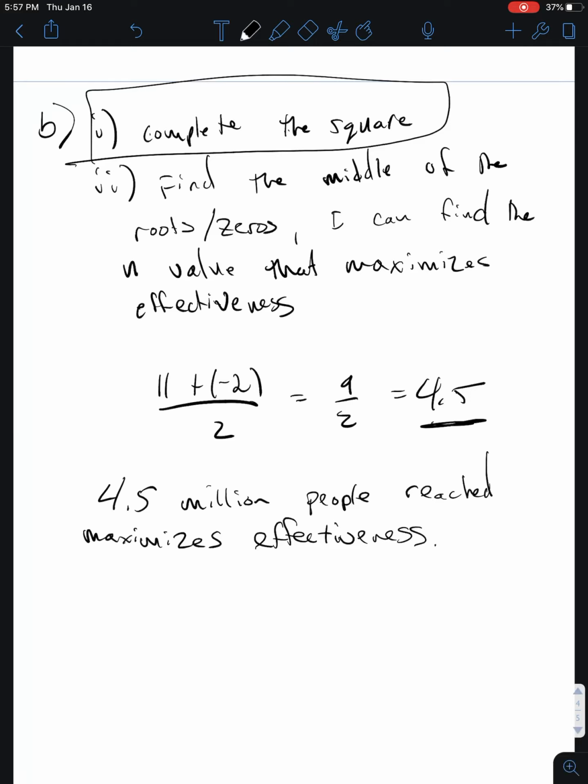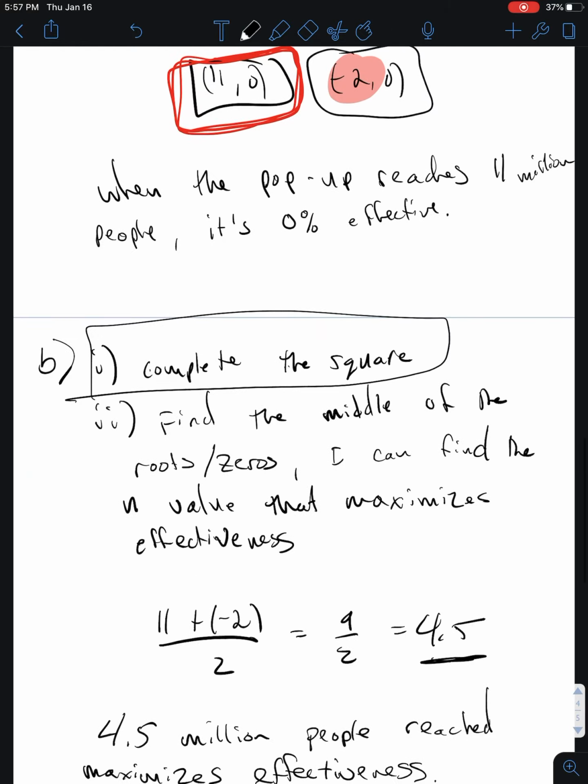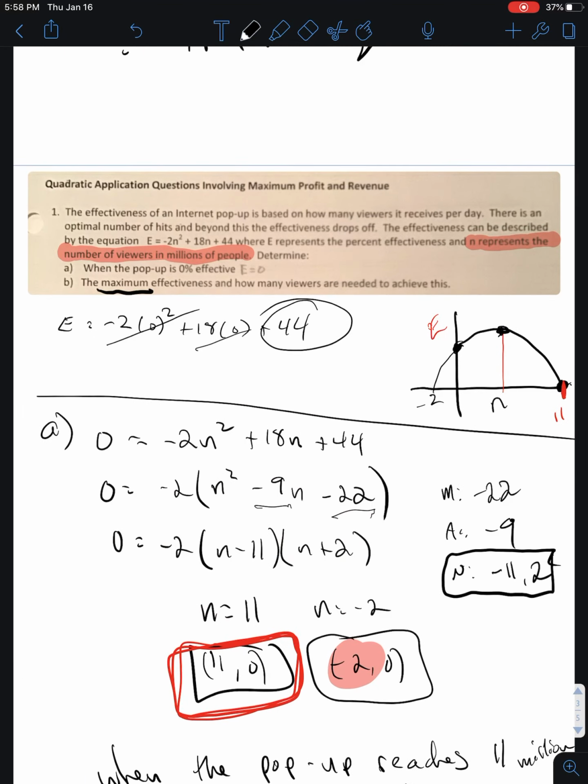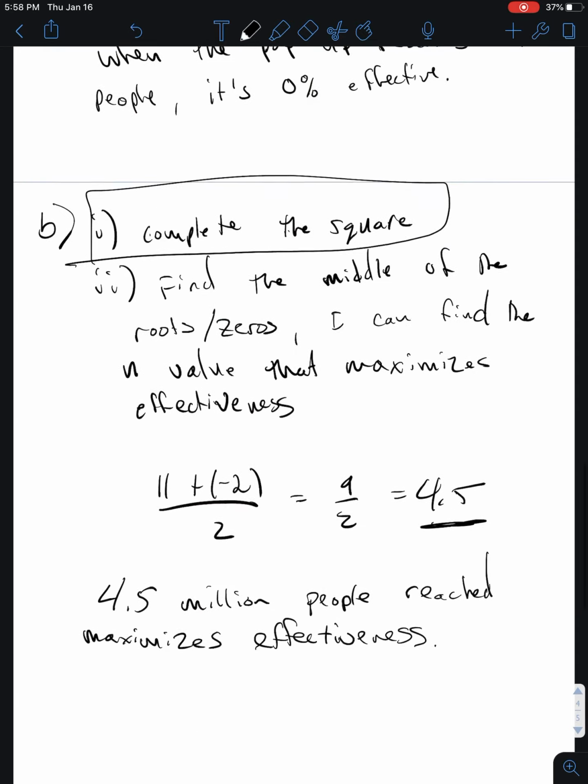Now, one more thing. What is the actual efficiency or effectiveness? How do we find that out? We have to find E. How do I find E using an n value of 4.5?